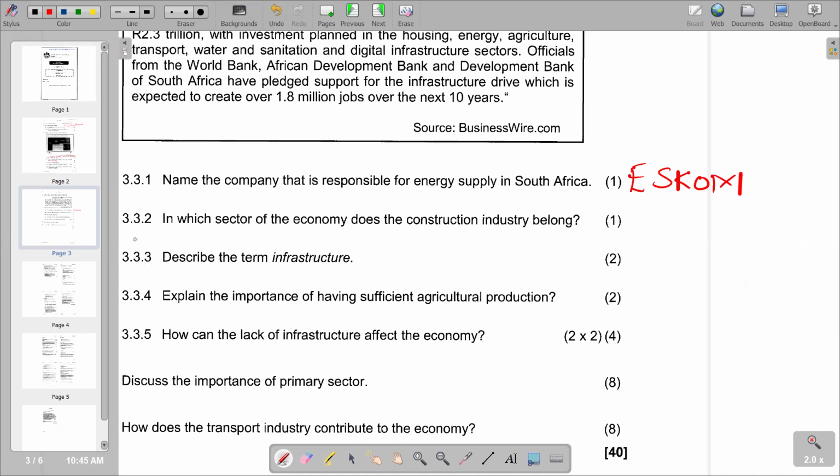And then we have 3.3.2, saying in which sector of the economy does the construction industry belong? So obviously, remember, the construction industry falls in the secondary sector. And we know that in the secondary sector, that's where we have the conversion of raw materials or inputs into final products.